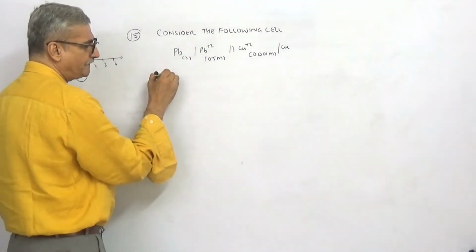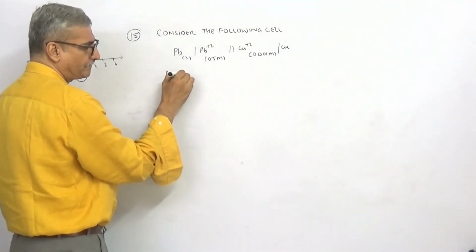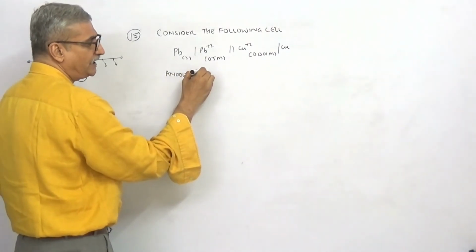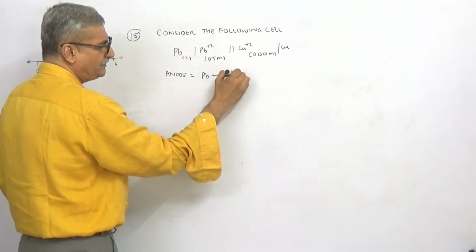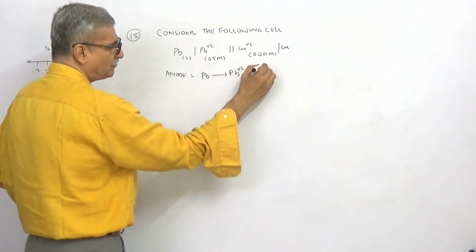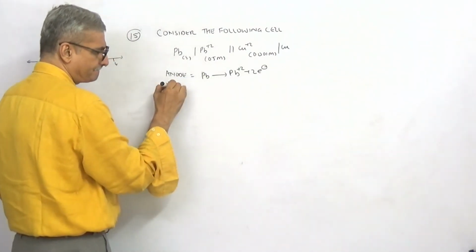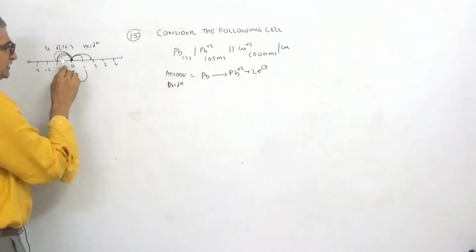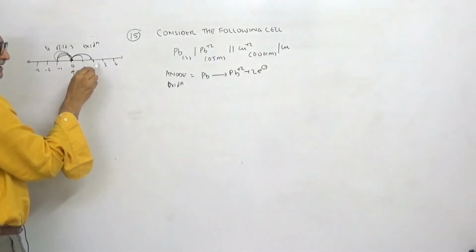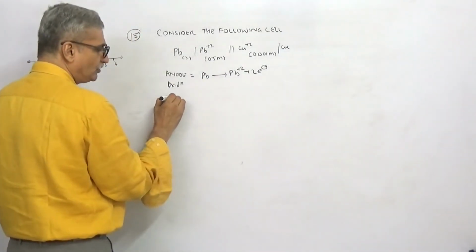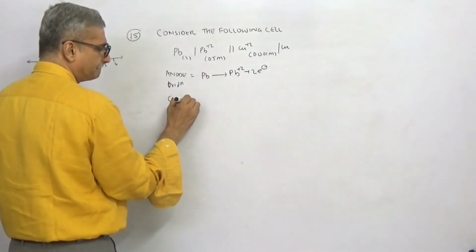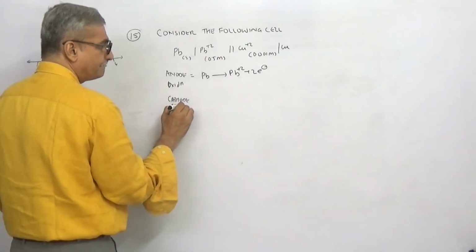See, anode, what do we have? Anode will be Pb forms Pb plus 2 plus 2 electrons, oxidation. I told you, lead to lead plus 2 is oxidation, lead plus 2 to lead is reduction. Then we have cathode, reduction.